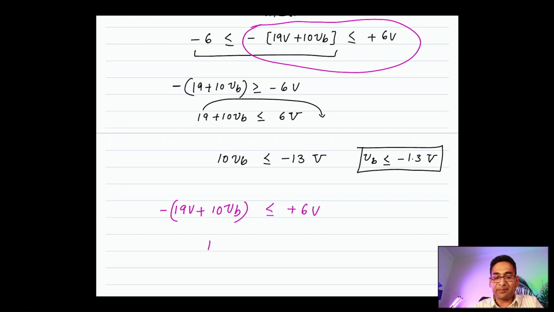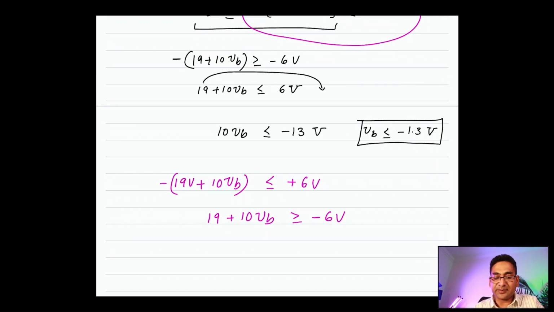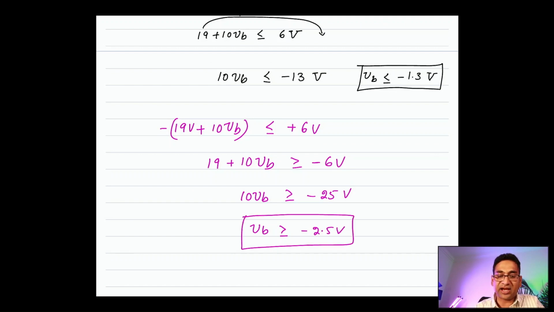Now multiply both sides by negative 1. We have 10 VB plus 19 greater than or equal to negative 6 volts. So 10 VB should be greater than or equal to negative 25 volts, so VB should be greater than or equal to negative 2.5 volts. That's it, we have the range between these two terms.